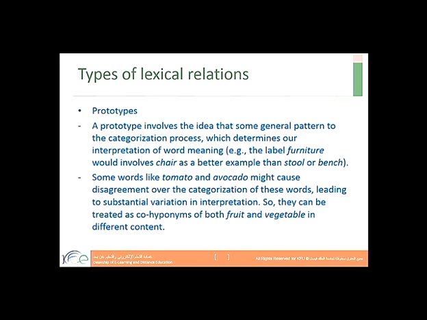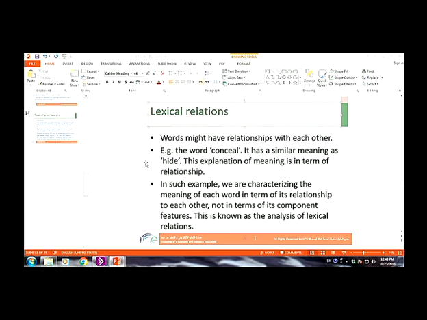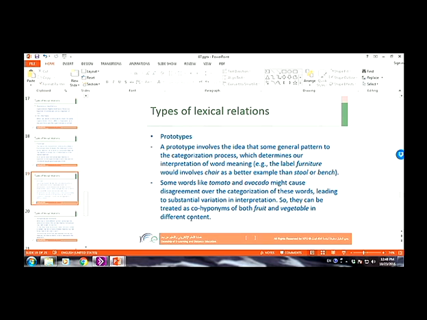Same thing with avocado. Some people consider it as part of fruit, others consider it as part of vegetable. So they can be treated as co-hyponyms of both fruit and vegetable in different contexts.